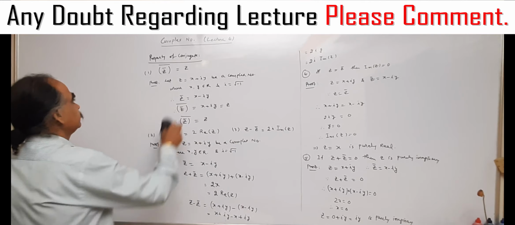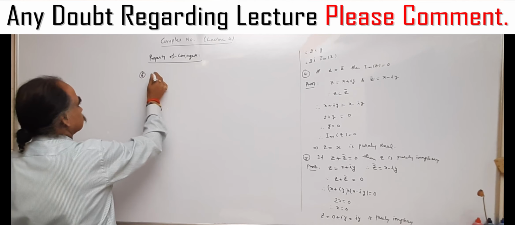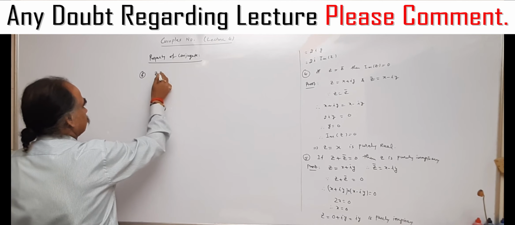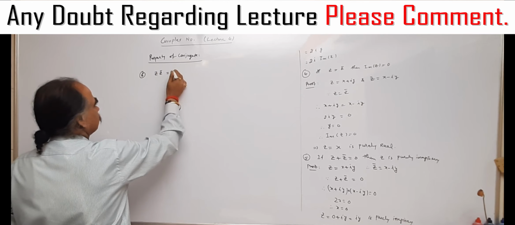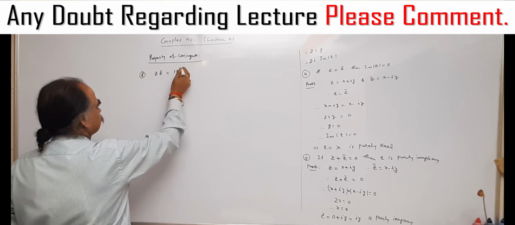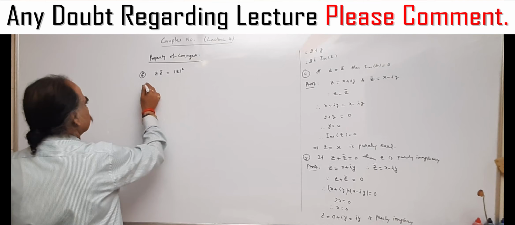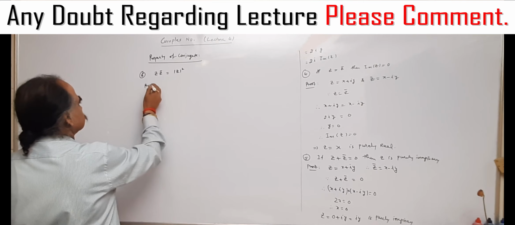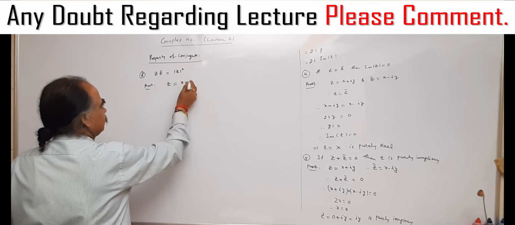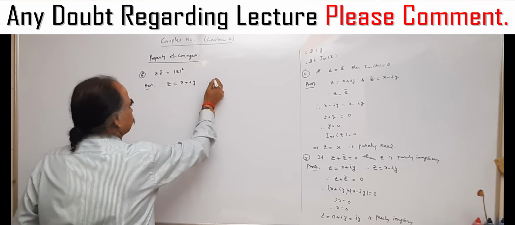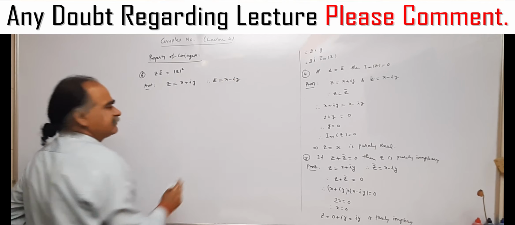Next property is z into z conjugate is mod z square. z is x plus iy. Therefore, z conjugate will be x minus iy.